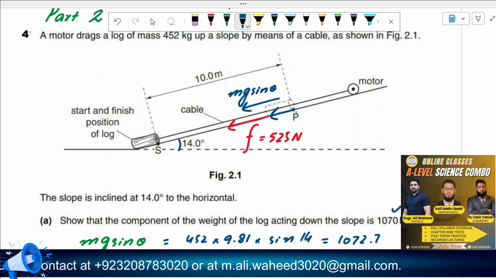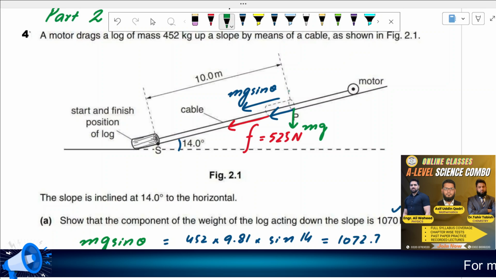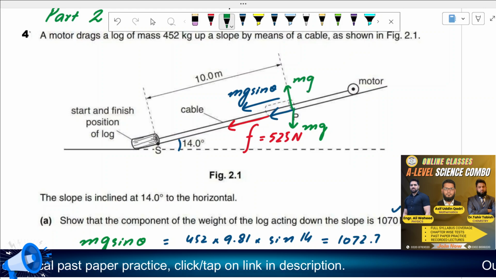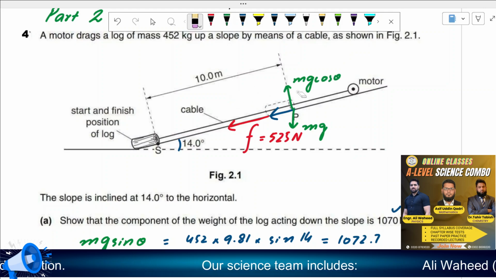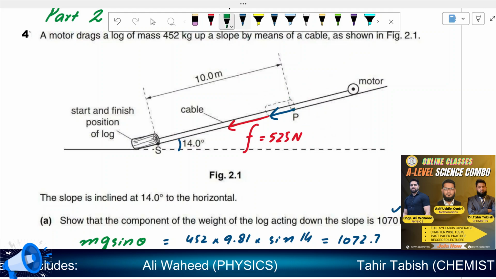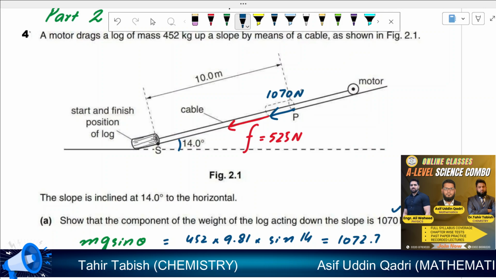You can see over here, because mg would be vertically downward, mg cos theta would be perpendicular to the slope. So someplace over here, this would be mg cos theta, and down the slope would be mg sine theta. So the value of this force is 1070 Newton, mg sine theta.